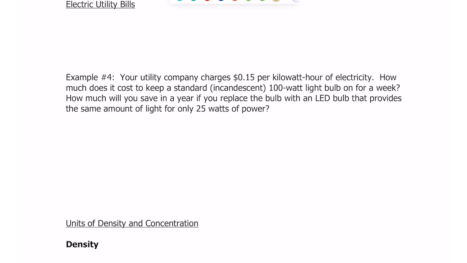So at some point in your life, you may have to look at an electric bill and interpret that. On electric utility bills, electrical energy is measured in kilowatt hours.